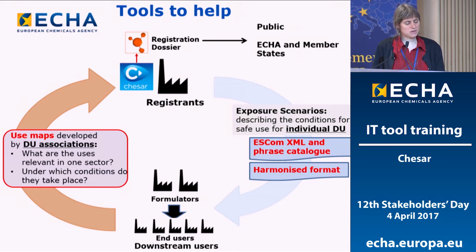The use maps are usually developed by downstream user associations. They contain the description of the use and the conditions of use in a standardized format, and they can be passed to the registrant. Those use maps can even be found in a consolidated place on the ECHA website.